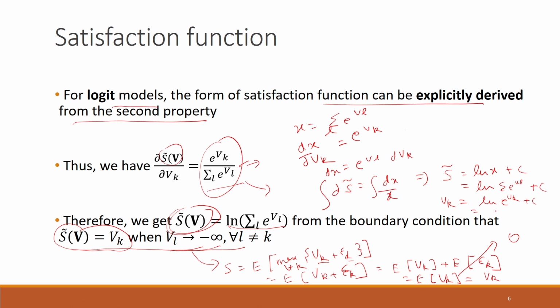This is equal to Vk plus constant. So Vk gets cancelled and we get the constant equal to 0. Therefore, the satisfaction function is equal to ln of the summation of e to the power Vl. That is how we get the satisfaction function.